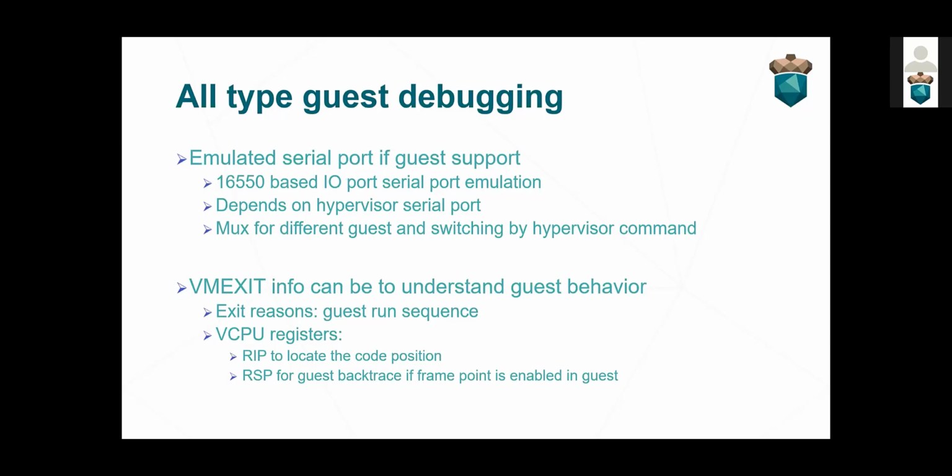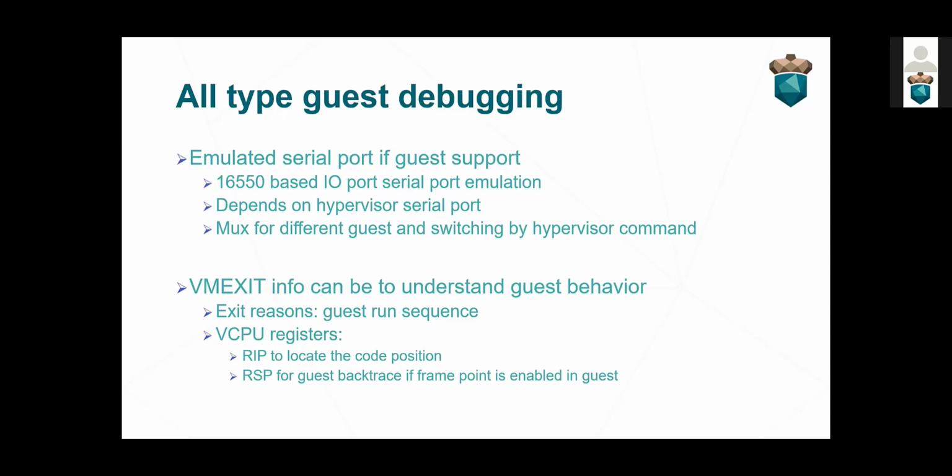You could know, for example, that when the guest is trying to write the control register, it will trigger the VM exit. You could map the VM exit info printed by the hypervisor with your guest boot code, and guess a rough place where the guest boot stopped.